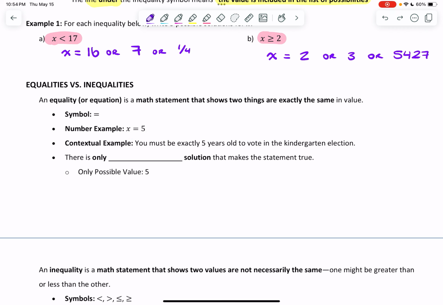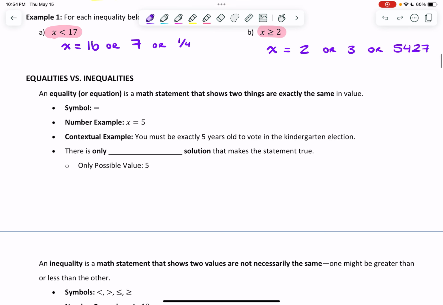A contextual example can be you must be exactly 5 years old to vote in the kindergarten election. In an equality, there is only one solution that makes the statement true. So if you must be 5 years old to vote in the kindergarten election, you have to be exactly 5. That's the only possible age you can be. There's only one possible solution, and that solution is that you're 5.